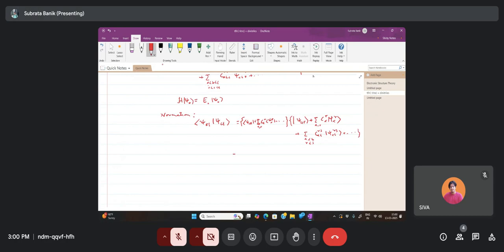Now let us do every part together. This multiplied by that, I get psi Hartree-Fock with psi Hartree-Fock. Then this multiplied by that, I get C_A^R C_A^R psi_A^R with psi_A^R. Let me write the other term.